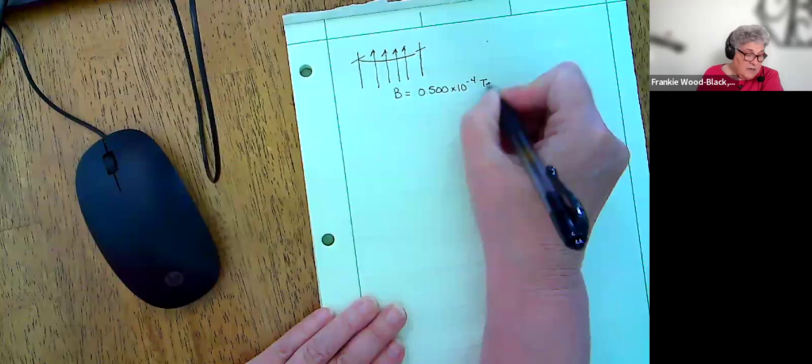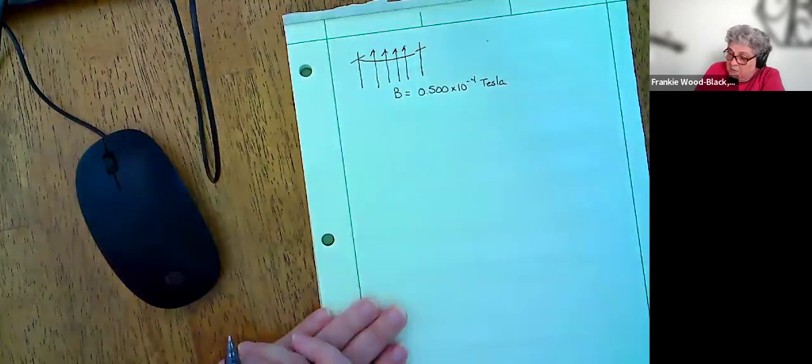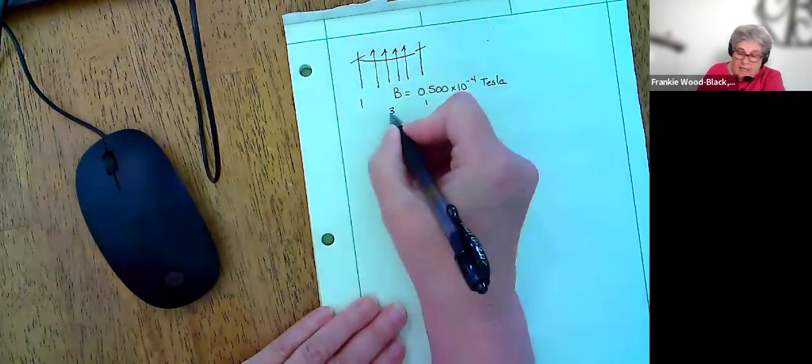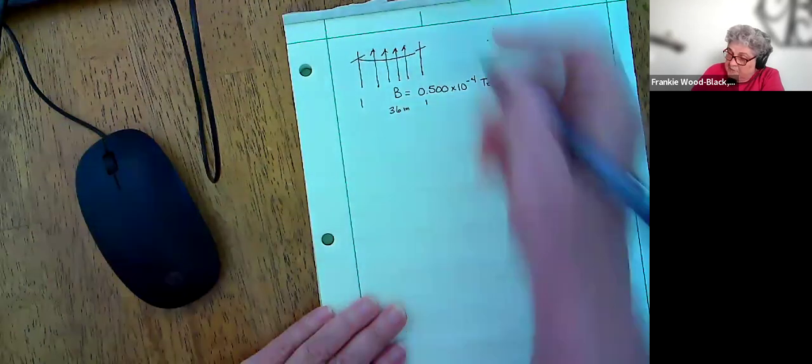And that gives us our magnetic field. And the length between these two points, we're going to say, is 36 meters. And we're going to say that this wire carries 22 amps.